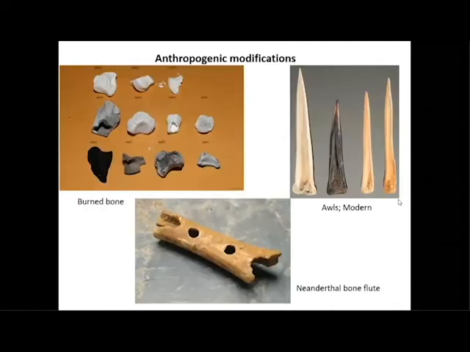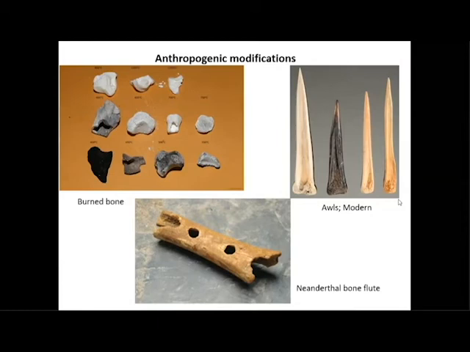Anthropogenic modifications on bone, depending on the age of the site that you're looking at, you will get different anthropogenic modifications ranging from cut marks to burning in sites that are associated with hominin controlled fire. You also get awls. So this picture is from modern, but there have been some archaeological awls found, for example, in the Lascaux cave in France, and awls are used as needles.